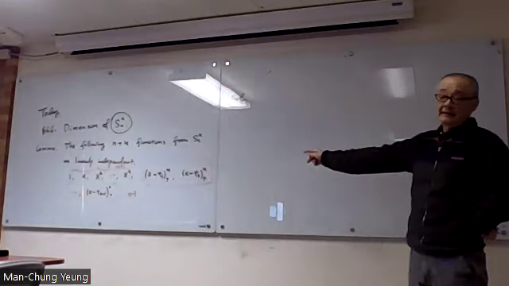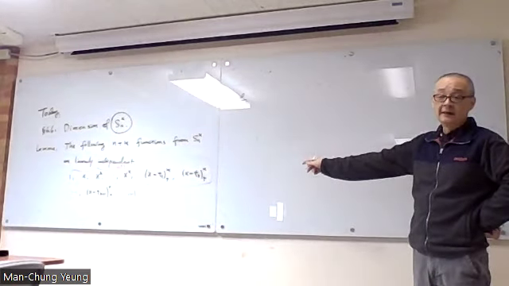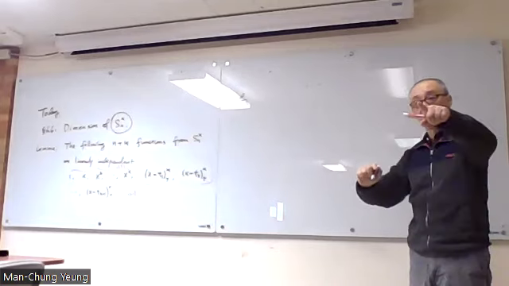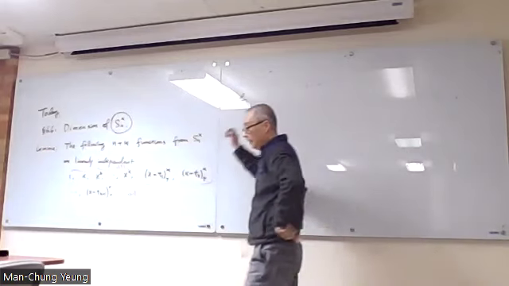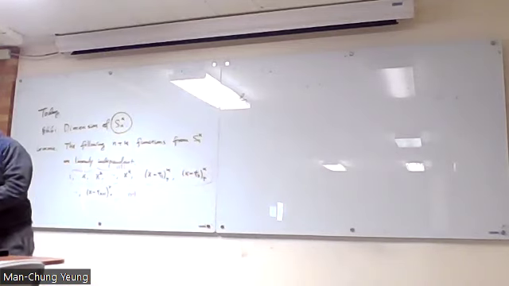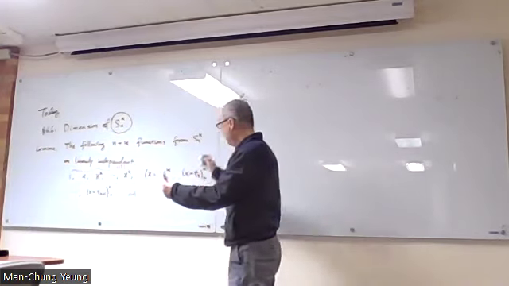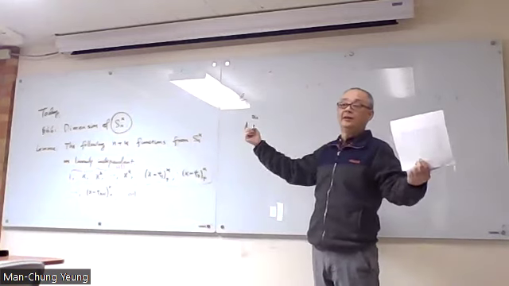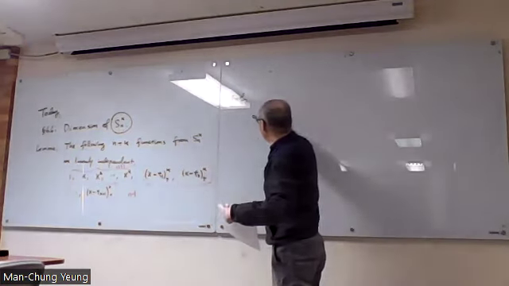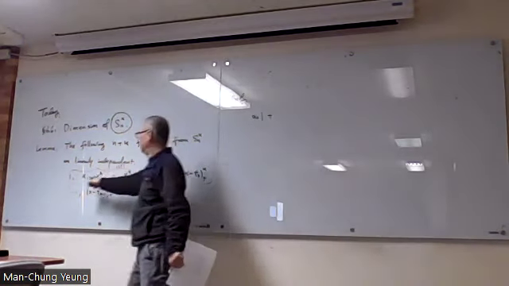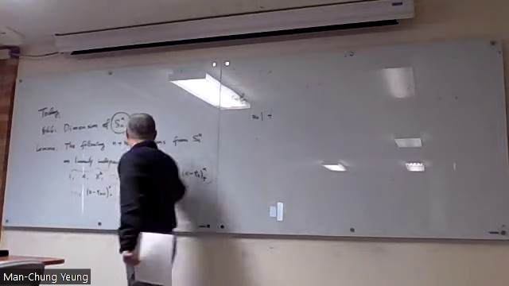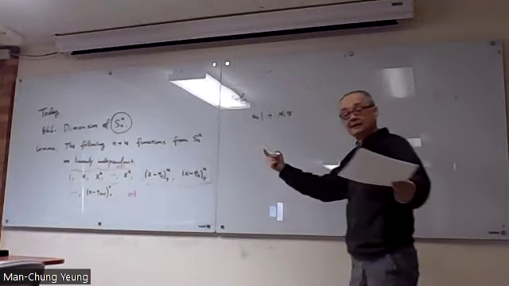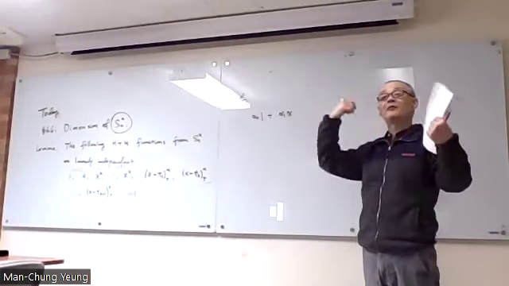To show that these functions are linearly independent, we need to show the following equation has only one solution. Which equation? This one. Alpha 0 times 1, degree is 0, so alpha 0. Now, alpha 1 times x, degree is 1, so alpha 1.